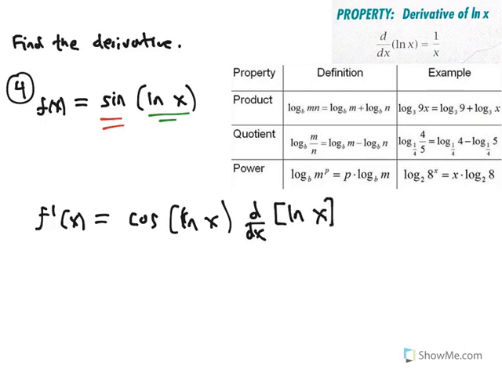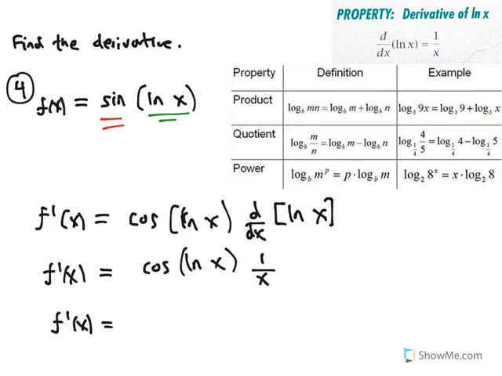That is what the chain rule tells us to do. So now we have f prime of x is equal to cosine of natural log of x times 1 over x. So we have f prime of x is equal to cosine of natural log of x over x.